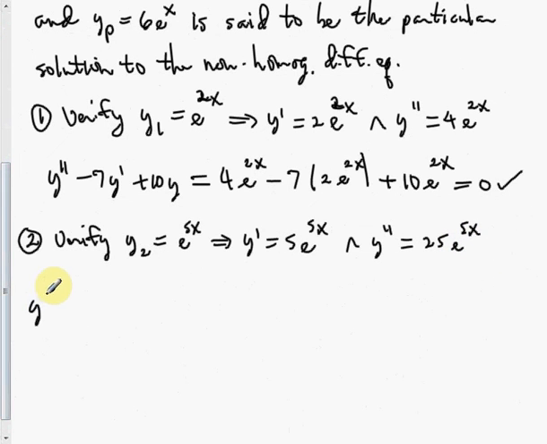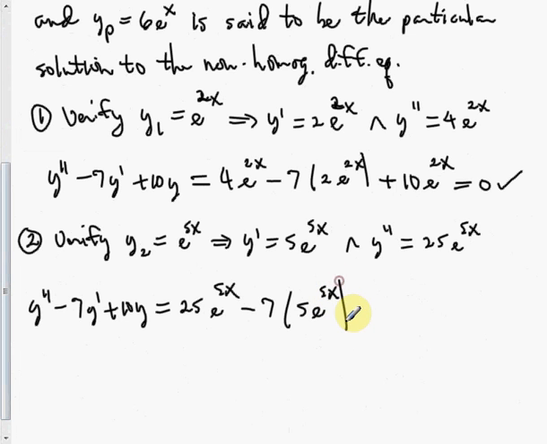So we have y double prime minus 7 y prime plus 10y is equal to 25e to the 5x minus 7 times y prime, that's 5 times e to the 5x, and then plus 10 times y, but y is e to the 5x.